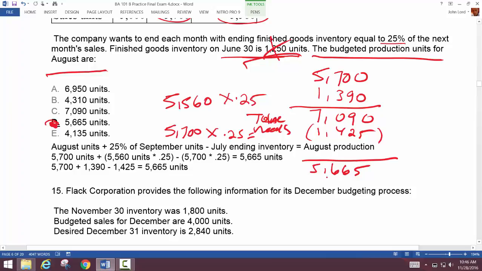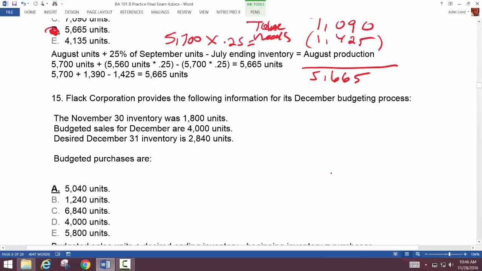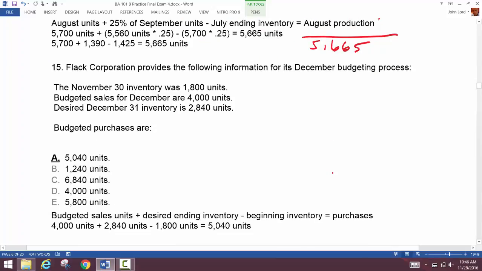Okay, good. Let's take a look at this one now. They want us to come up with the budgeted purchases, budgeted sales for the month of December, I guess. It could have been a little more clear. I guess we have to be asking for December.